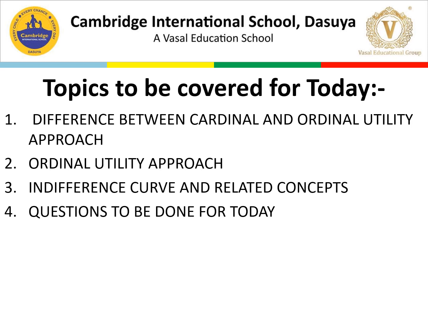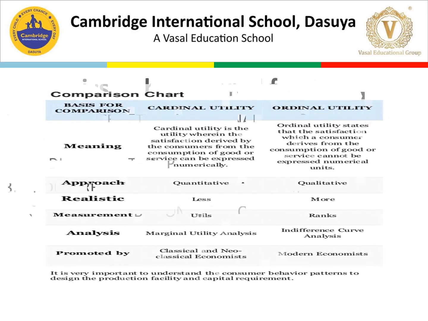Next we will do a detailed study of the ordinal utility approach. Then we will discuss the indifference curve, and then all the facts related to the indifference curve. Then, like we do every day, the questions will be done at the end of the chapter. So let's start today's topic.